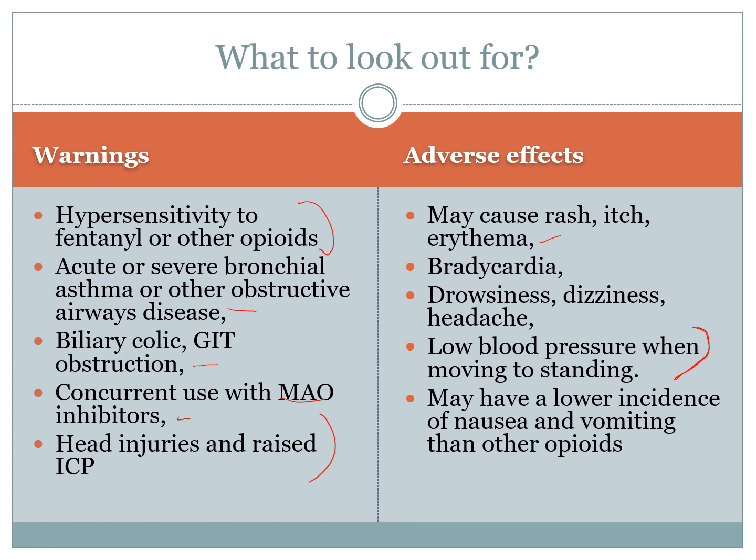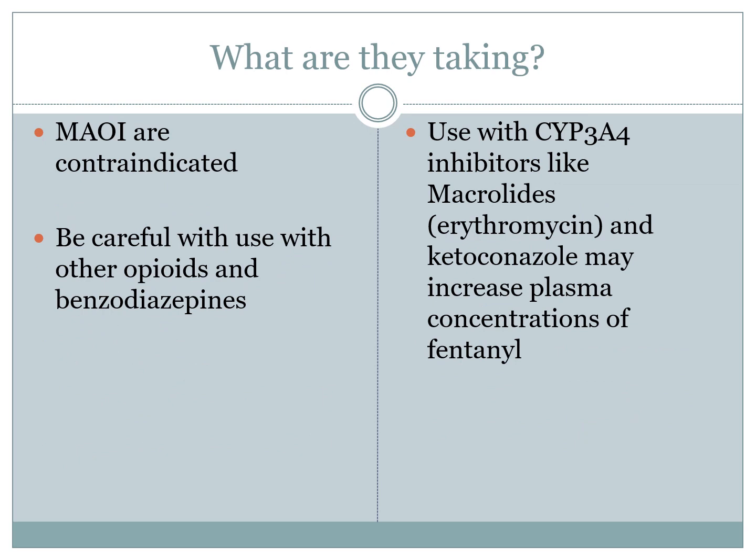As far as interactions go, we'll talk a little bit about your MAOIs. So MAOIs are a slightly older class of antidepressant. Now, they're not prescribed anywhere near as much as they used to be, okay, but there are still people that are still on it.